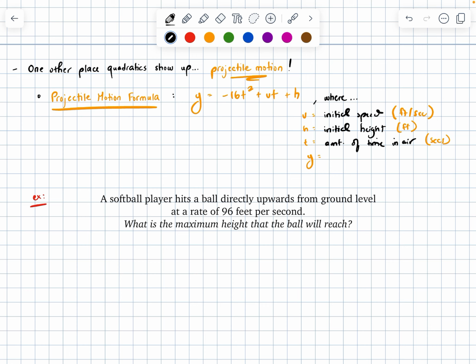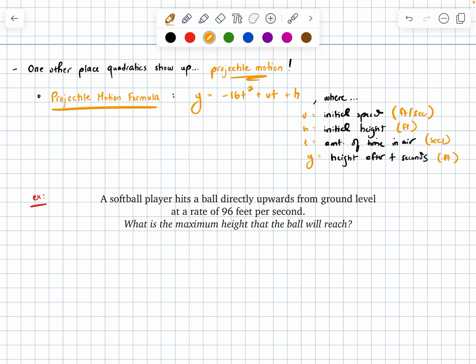And the last thing that we need to know, this guy y, if I plug all of these values for v, h, and t in, y will actually tell me the height of my object after those t seconds have passed. That height, of course, should be measured in feet.